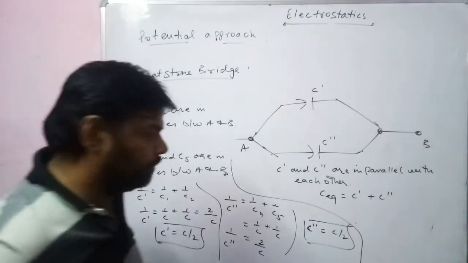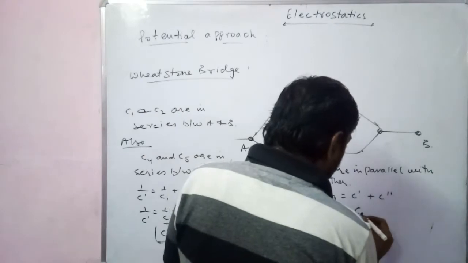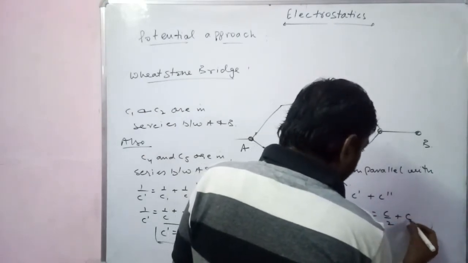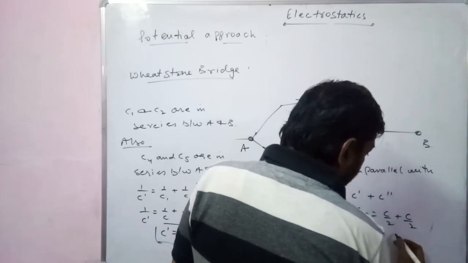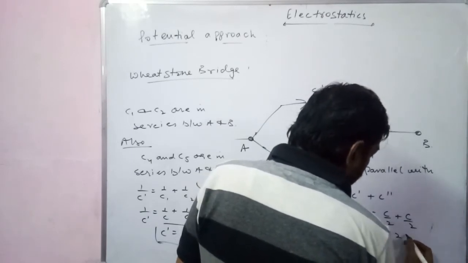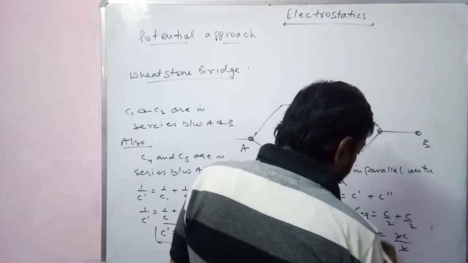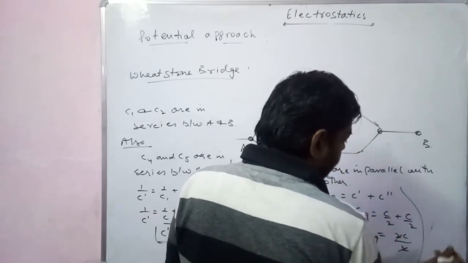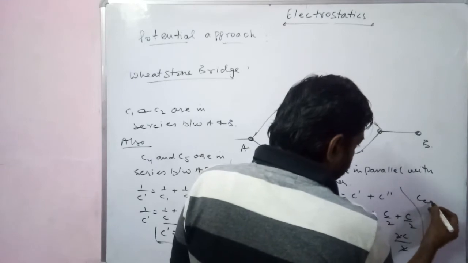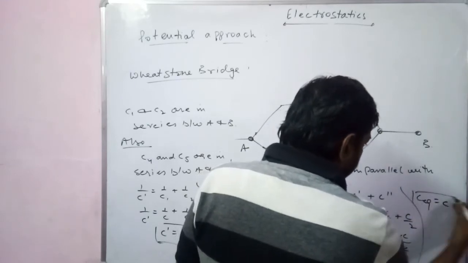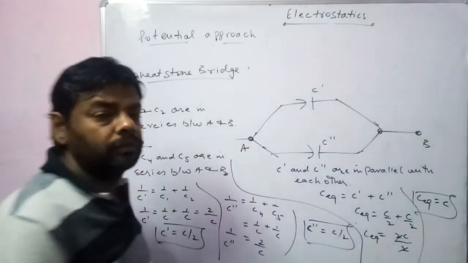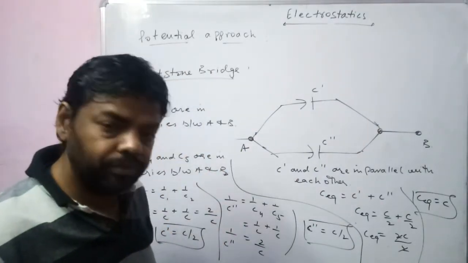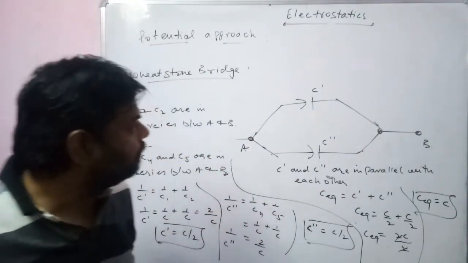Okay, they are in parallel. So the C equivalent is C by 2 plus C by 2. So it is 2C by 2. Cancel it. So C equivalent is written as C. Got it? Okay, this is how we can solve the Wheatstone bridge. Clear?